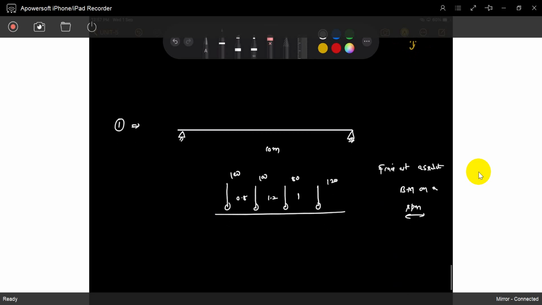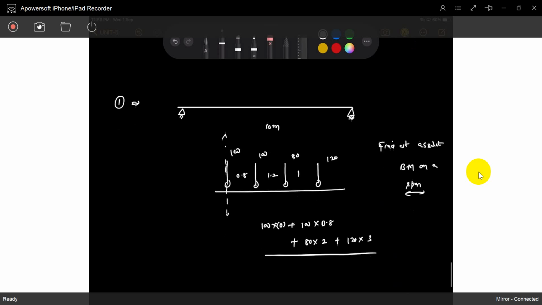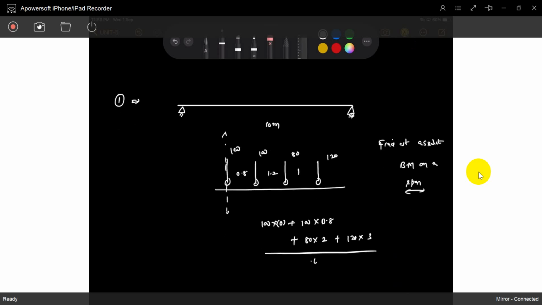So what we will do is find out the CGC of that rolling system, from this section. 100 into 0, 100 into 0.8, 80 into 2, 120 into 3, divided by the total load 400.